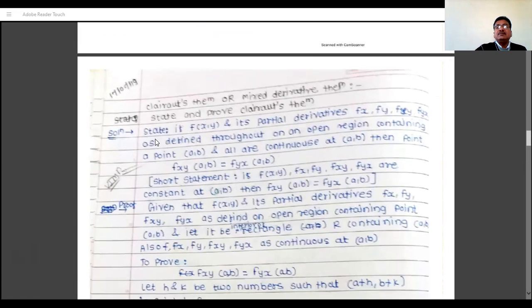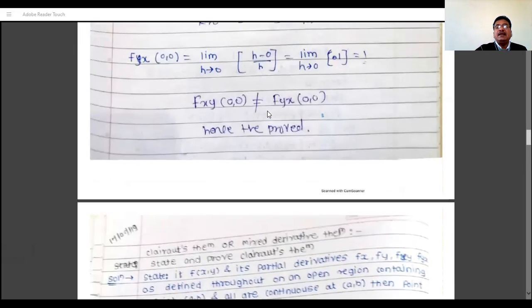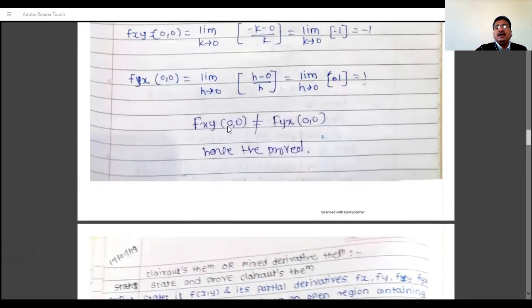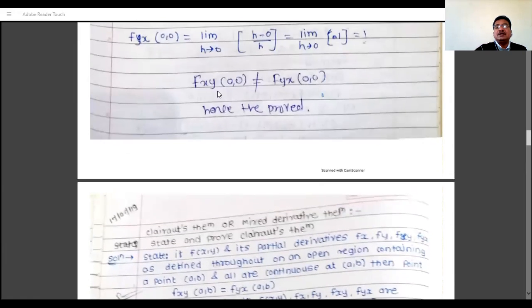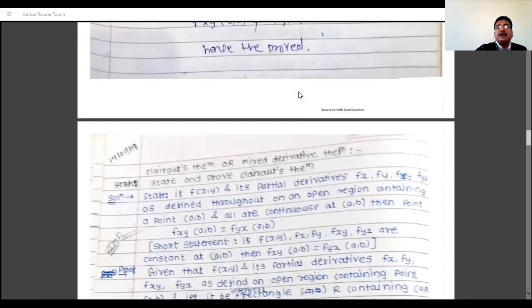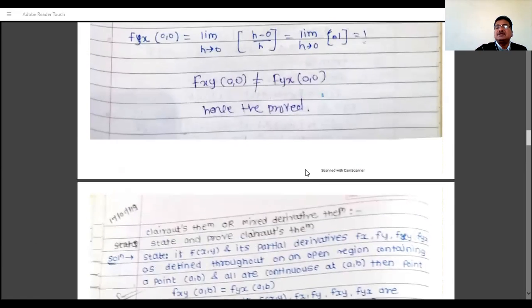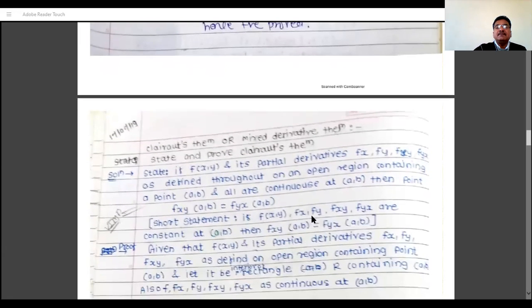Then the Clairaut theorem applies when these mixed derivatives are the same, that is when fxy ab and fyx ab are the same. So there are three theorems on this concept, for when fxy ab and fyx ab are equal, that is when these mixed derivatives of second order are equal: Clairaut theorem, Schwarz's theorem, and Young's theorem.